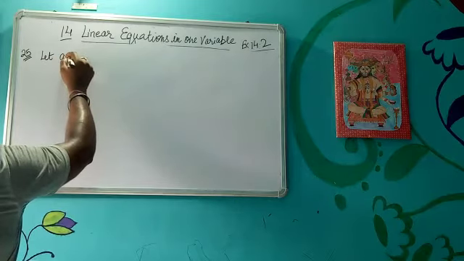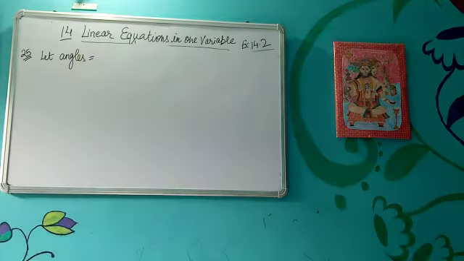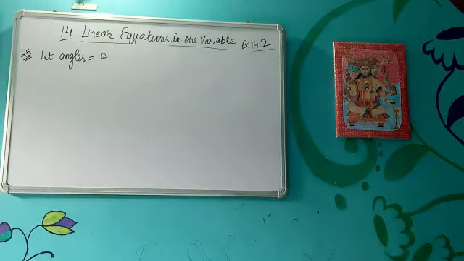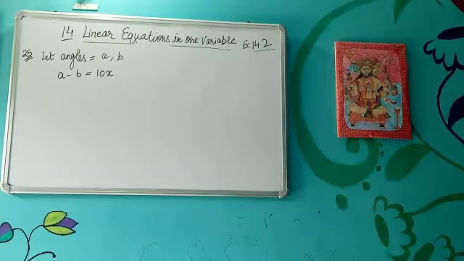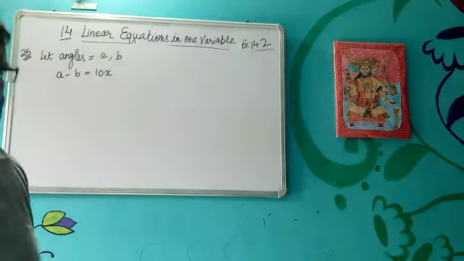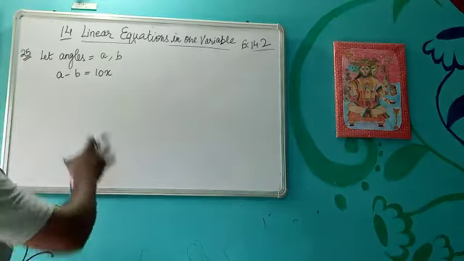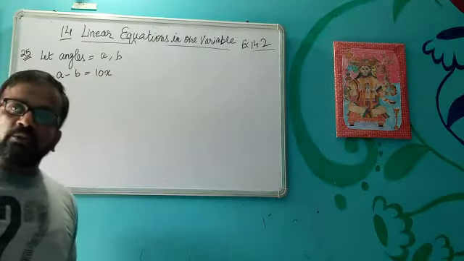So let angles equal to A and B. So what we know, supplementary angle is sum of angle is 180 degree. So I have assumed let angles as A and B. These are the two angles.